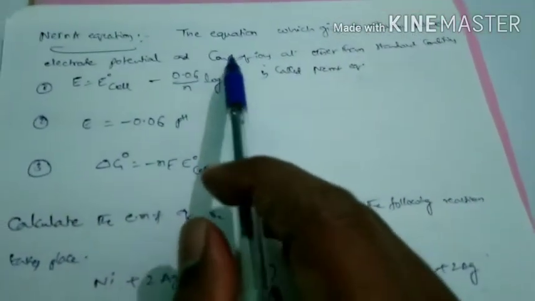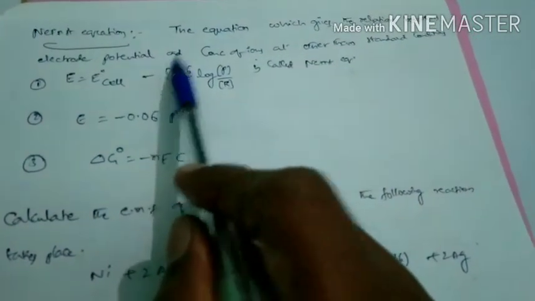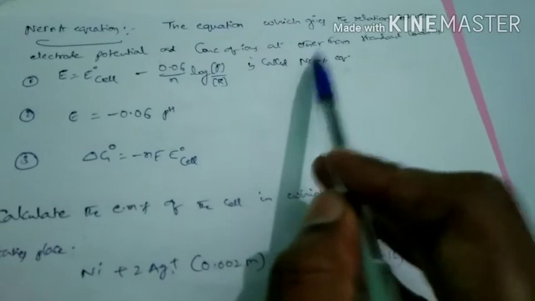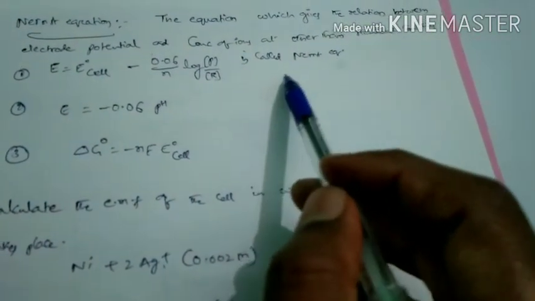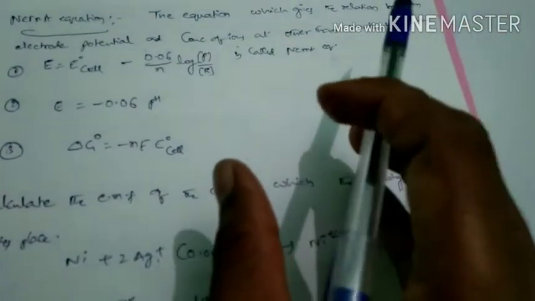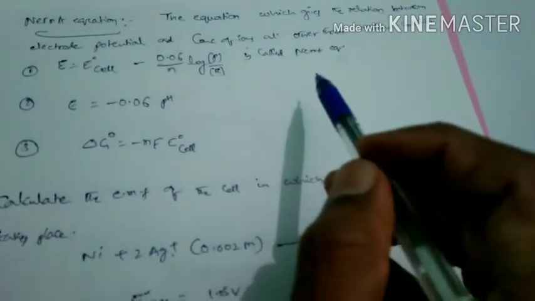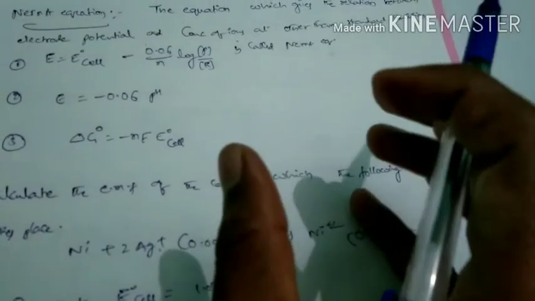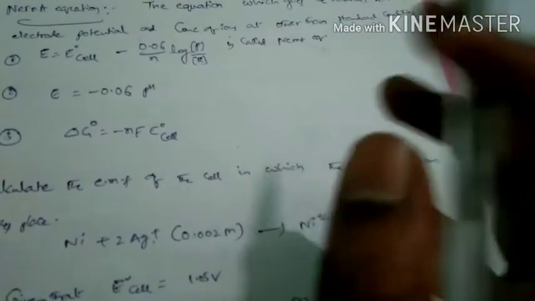So the definition is the relation between electrode potential and concentration of ions at other than standard conditions. Standard conditions means what? 1 atmosphere and 298 Kelvin temperature. Those are standard conditions. If we measure electrode potential at those conditions, then that will be the E0 value. If we want to mention electrode potential at other than standard conditions, we cannot use that E0 cell formula.